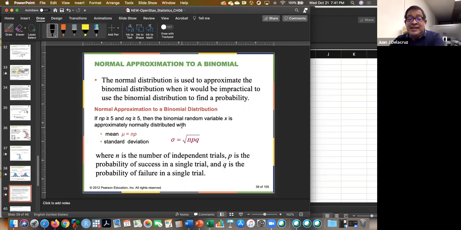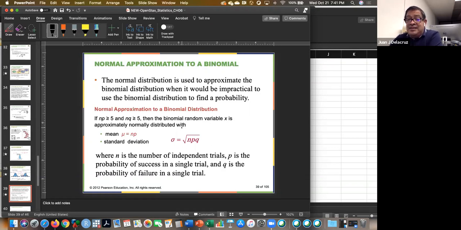We're going to look at the normal approximation to the binomial. That is very interesting. You remember the binomial, the probability of success and the probability of failure. You remember, if you multiply n times p, you get the mean. If you multiply n times p times q, you find the variance, you take the square root, and you find the standard deviation.